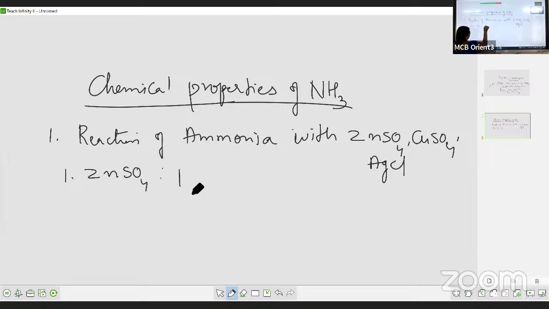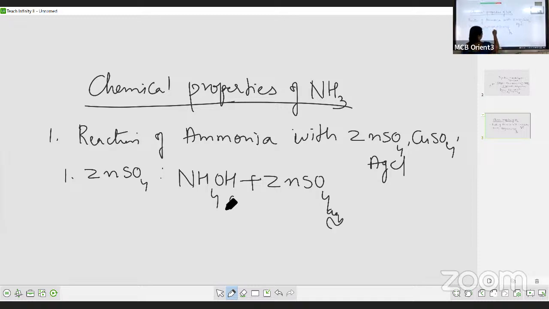So ammonia or ammonium hydroxide. When you dissolve ammonia in water, you will get ammonium hydroxide. This you are reacting with zinc sulfate, ZnSO4. This is also aqueous we are taking.